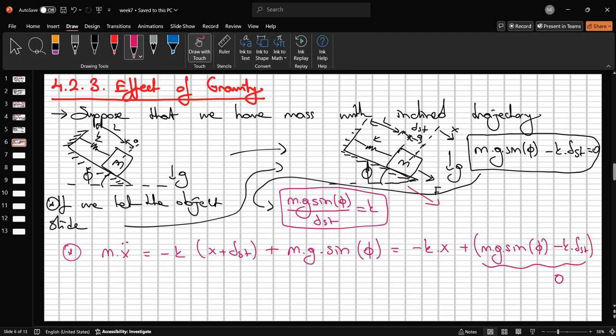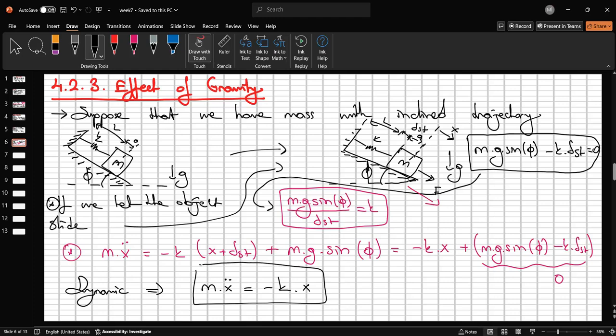And so the dynamic for this case is m times x double dot is equal to minus k times x. See, the other ones are removed from these equations, guys, okay? Everyone understand that?